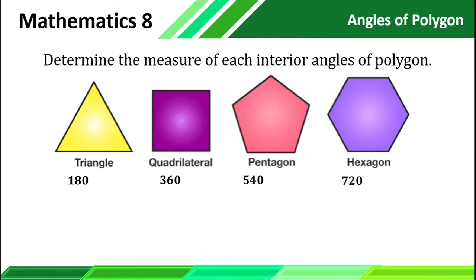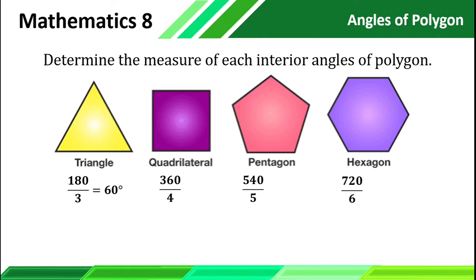We want to determine the measure of each angle in a polygon. Since the triangle has three sides, we can divide 180 by the number of sides. So 180 divided by 3 is 60 degrees. Therefore, the measure of each angle in a triangle is 60 degrees.